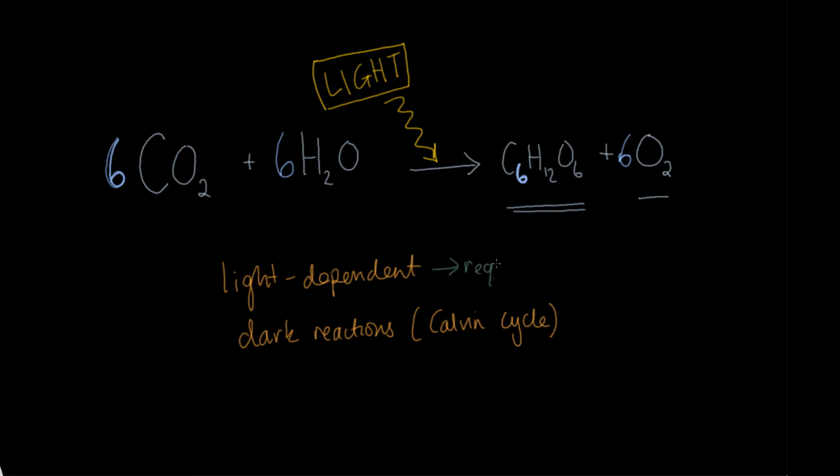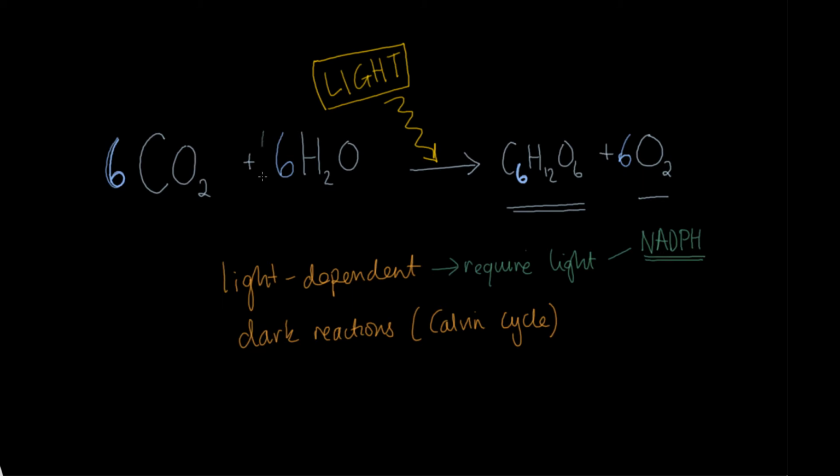They require light. Now what the light-dependent reactions are doing are capturing the energy from light and putting it into high-energy organic molecules called NADPH. And you've seen that before in cellular respiration.